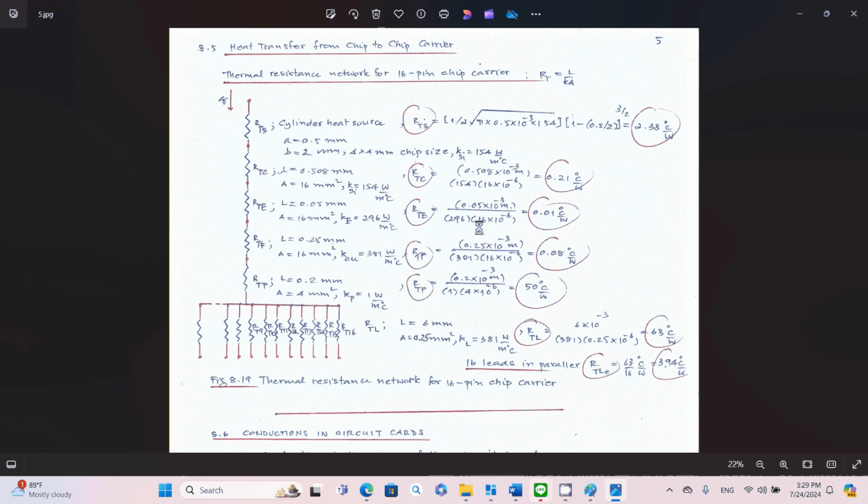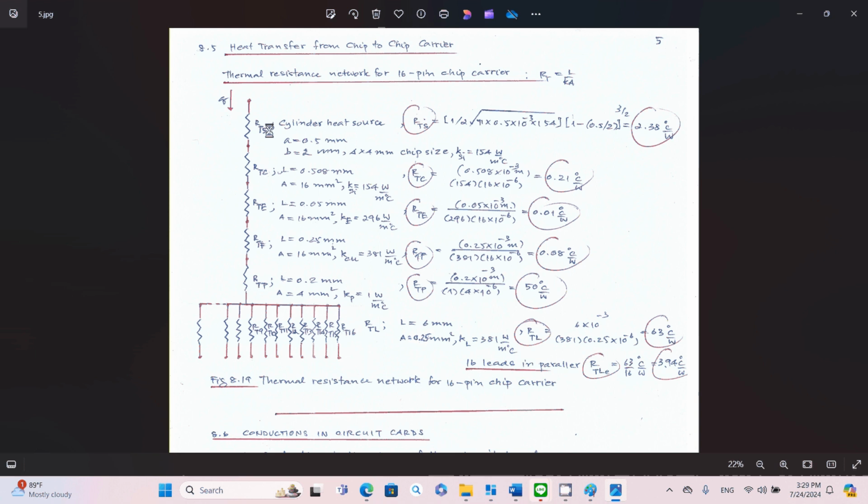This is the thermal resistance network for the 16-pin chip carrier, as we talked about in the previous lecture. The point here is that we are looking for the thermal resistance of each component of the package.